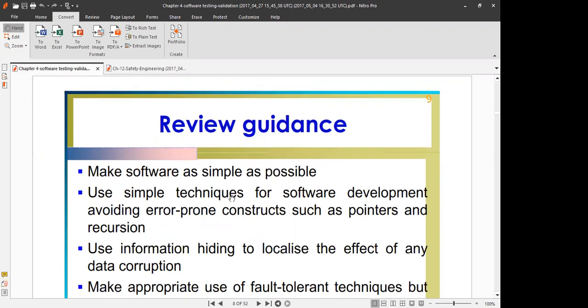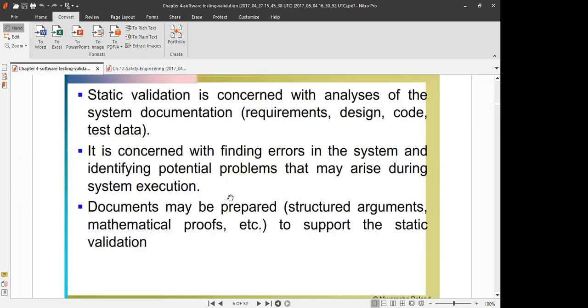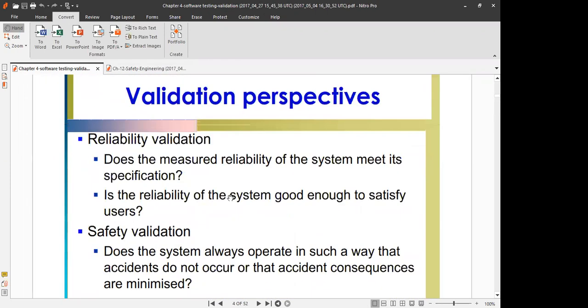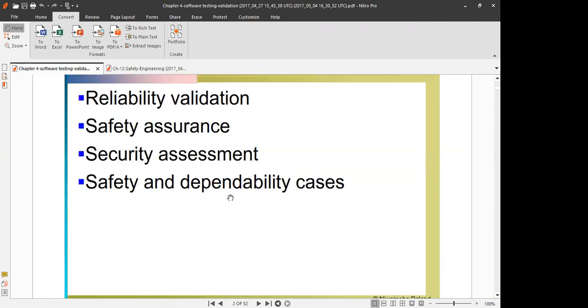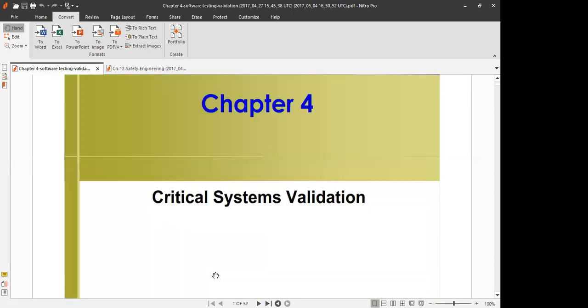Because here we have safety assurance. So what I was talking about was under reliability validation. These are all within critical systems validation.